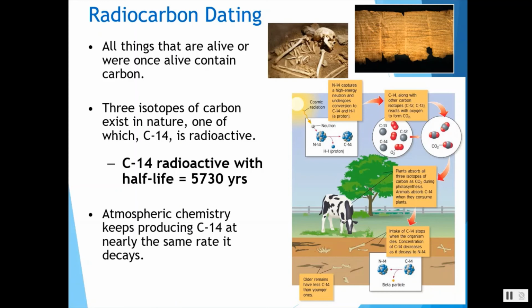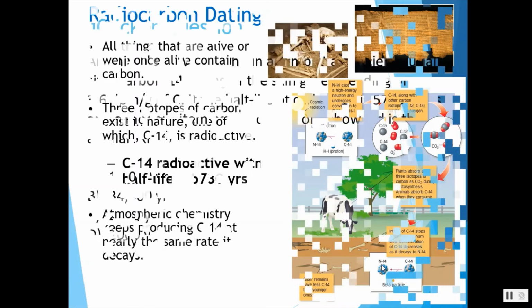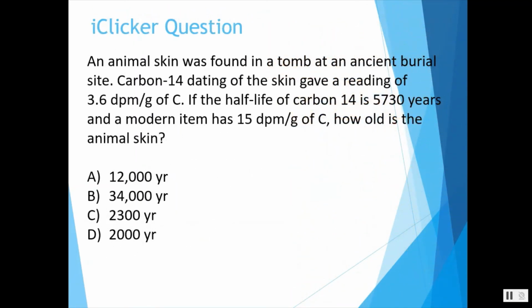The amount of carbon 14 in the atmosphere is produced at about the same rate at which it decays, so that equilibrium remains relatively constant. So we should see about the same amount of carbon 14 integrated into the system over time. It's just, after it's integrated into the system, how long has that system been sitting around to decompose to give us nitrogen 14?